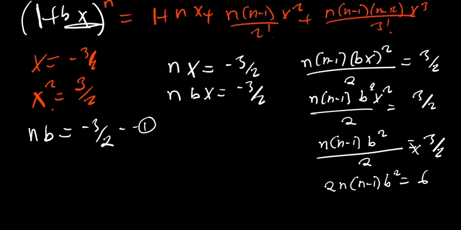In math, as long as 2 is on the denominator, again 2 is on the denominator, I can cancel them. But sometimes people tend to be confused. Same as here, I will divide by 2. Then I'll have this is equal to 3. So my equation 2 becomes n minus 1, then b squared is equal to 3.